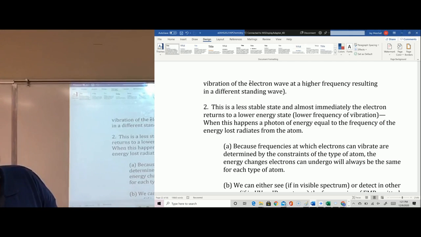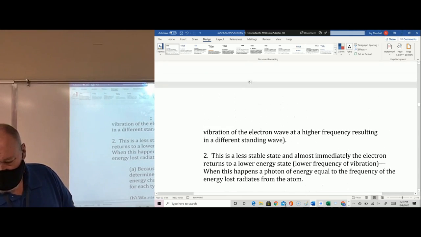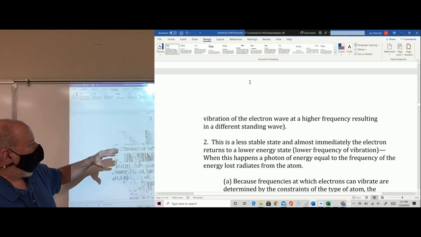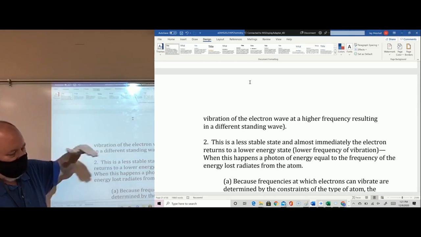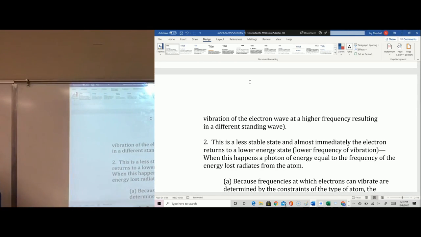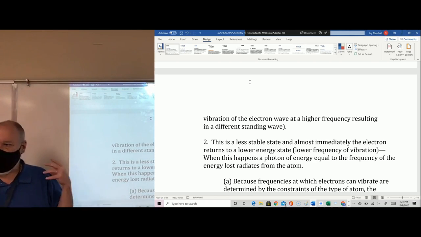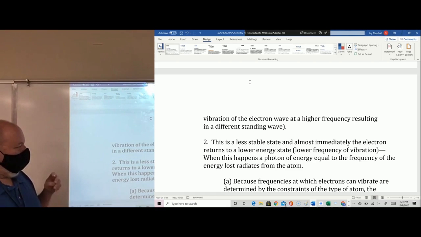Okay, so again, we recognize that what it really means is that when I jump from one energy level to another energy level, I'm not really moving further away from the nucleus. I'm changing my motion to a more complex, higher energy motion, right? Okay?